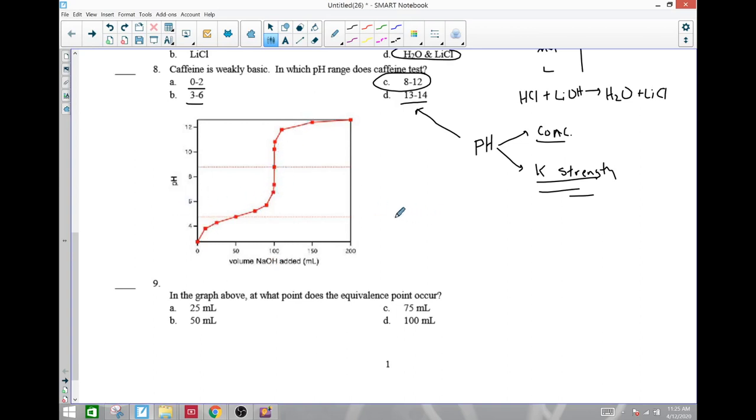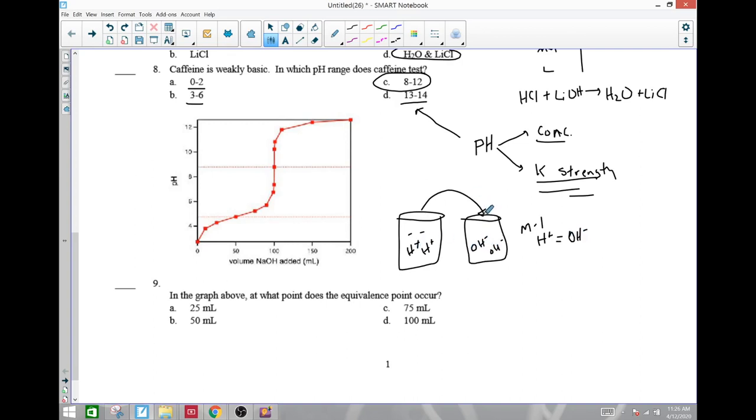When we're dumping an acid into a base or a base into an acid, and tracking pH, we reach equivalency when the moles of H+ equal the moles of OH−. And you'll see that essentially we've wiped out all of the acid or base.